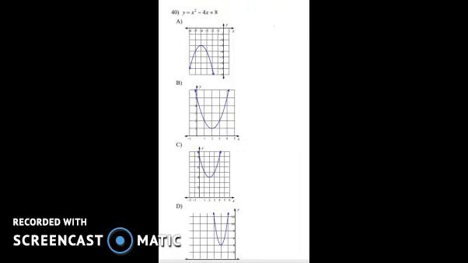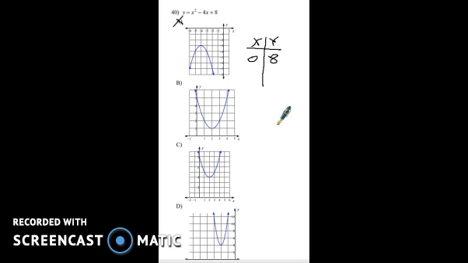So for our last question, we have to identify this particular parabola. Our A value is positive, which tells me we have a graph that opens up, so I automatically eliminate A. That's one of the answers. From here, I know that my y-intercept is when x is 0. Put x is 0 and I get 8 for my y-intercept.